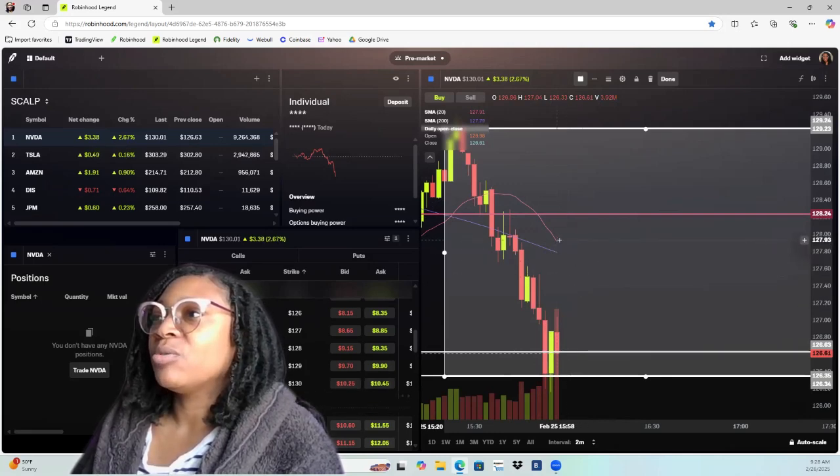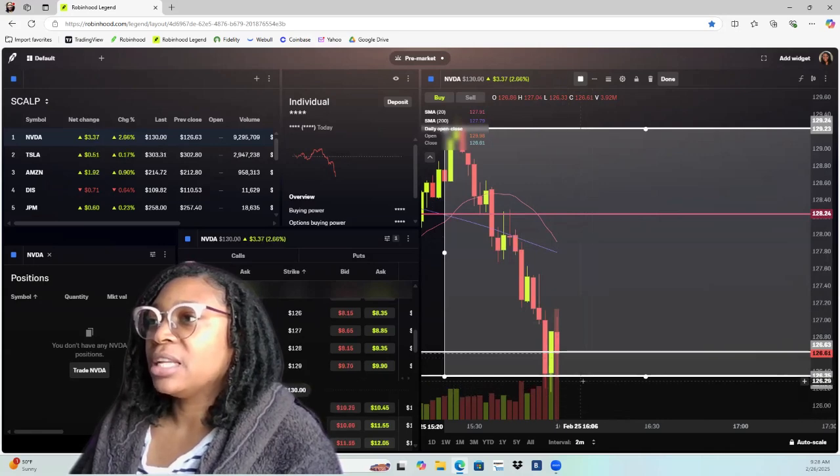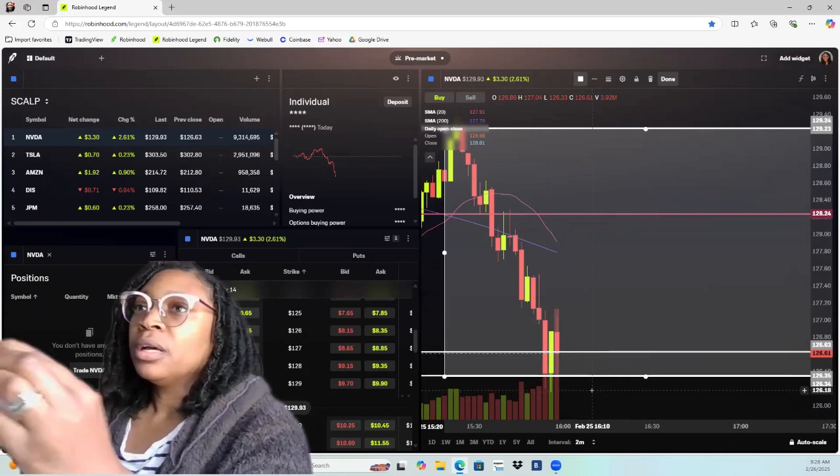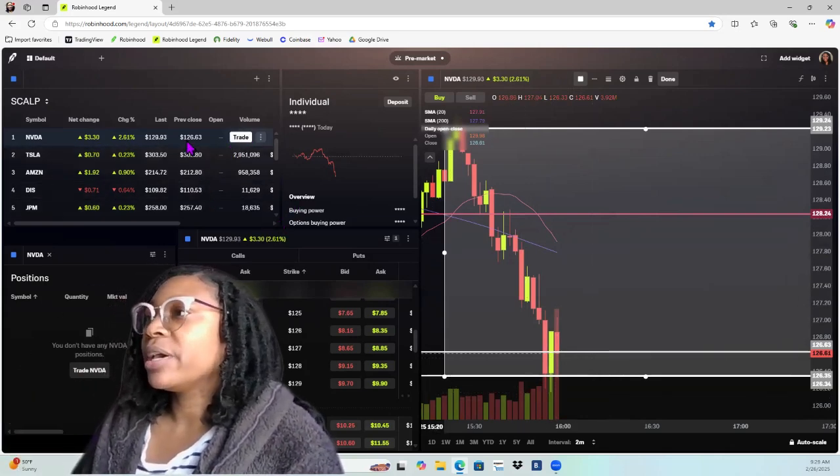And it's also relatively close to the 200. So if it opens below here, I know it might have the potential to continue going down, right? I see the volume is slowly going up here.